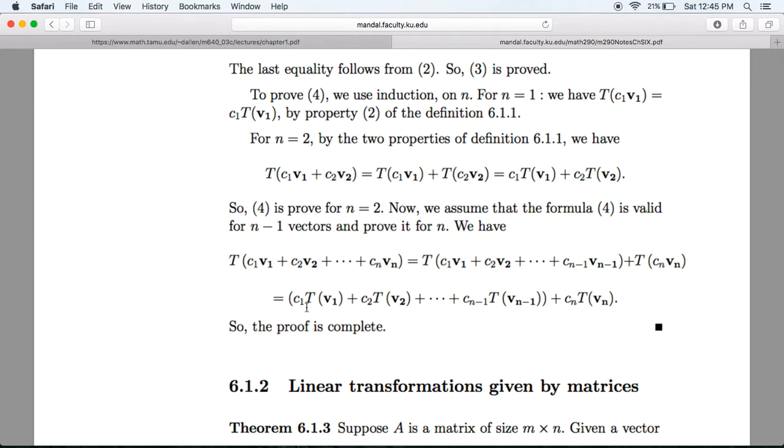And by associativity of vector addition we can get rid of this outer bracket, and then we will get c1 T of v1 until cn T of vn.